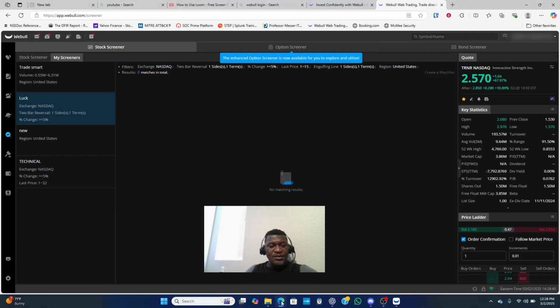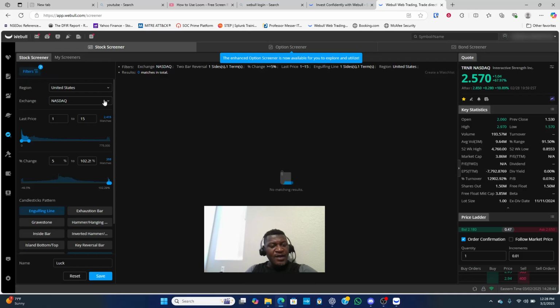I'll also look at the technical indicators that I want to add. If I go to modify right here, these are all the candlestick patterns that we have over there. So which one is your favorite? If you want the engulfing line, the dragonfly doji, or inside bar, whatever, exhaust bar, I always want the exhaust bar, and then the hammer and the hanging man, I want that one too.